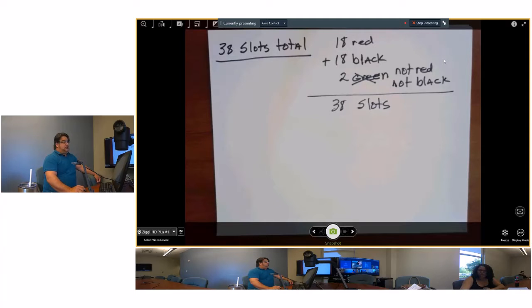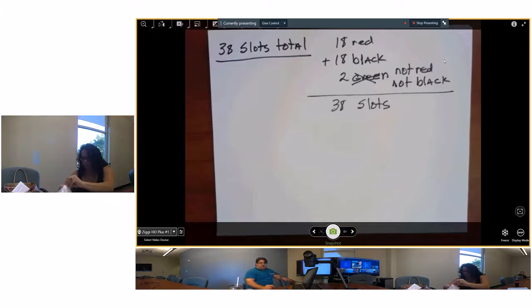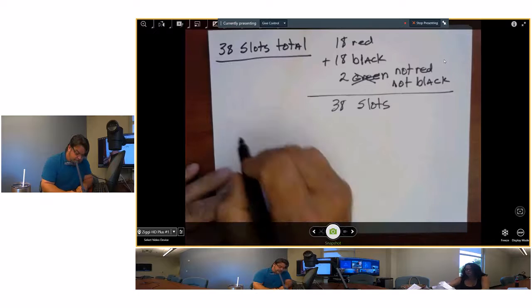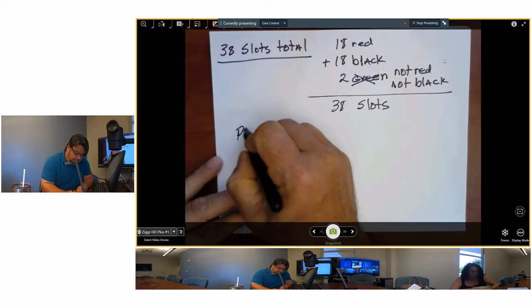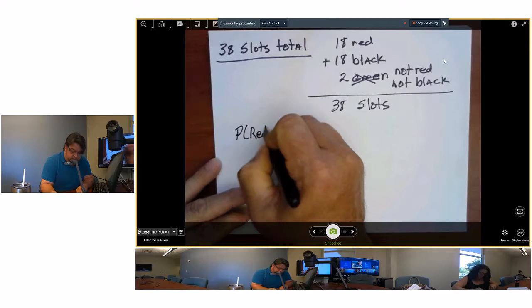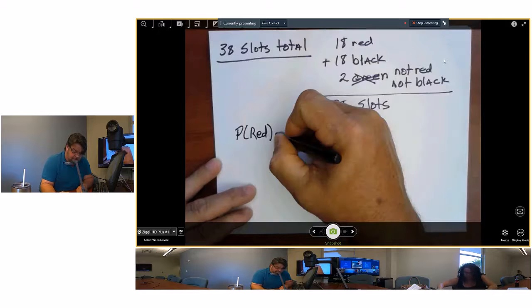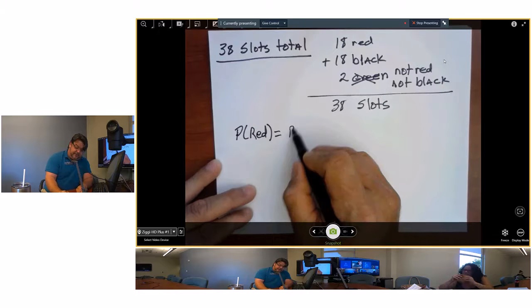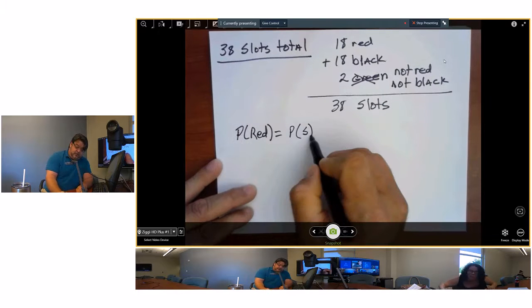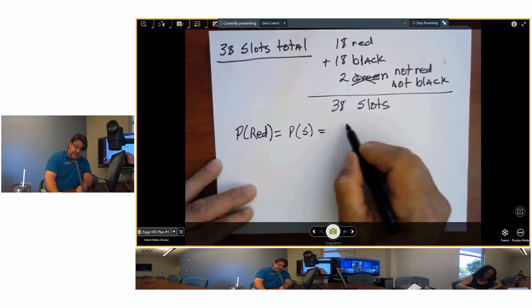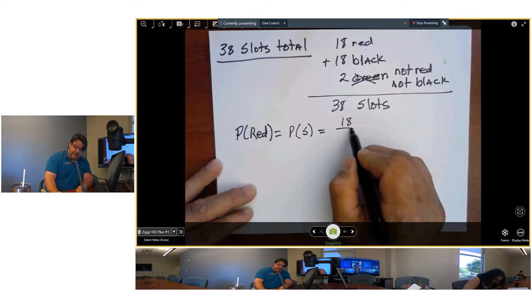Now, what did the question ask, so I won't have to go back to it? Did it ask for red or black? Okay, so it asked for red. What is the probability of a red color being the winner? Which means that is the probability of success, which means 18 out of 38.